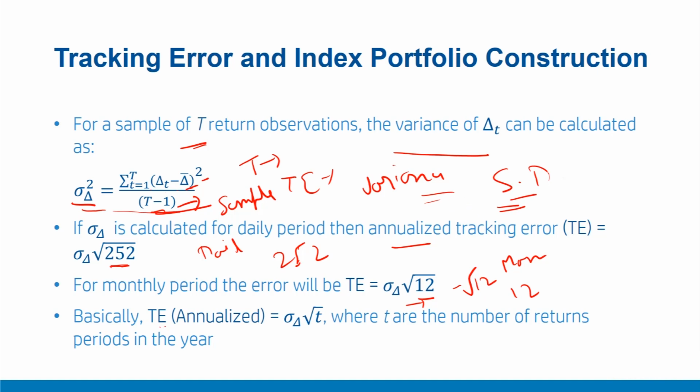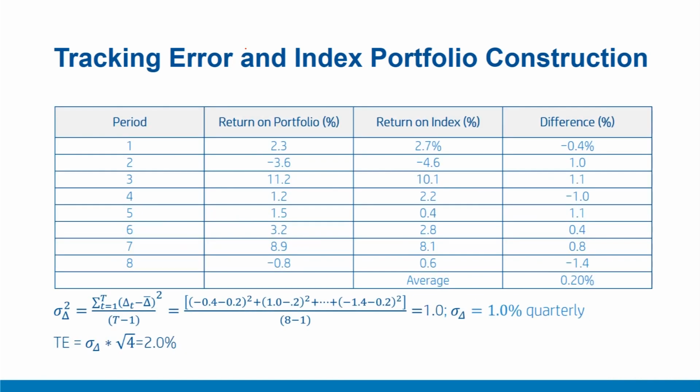So to generalize, theoretically, the annualized tracking error is sigma, the standard deviation, multiplied by square root of T, where T is the number of return periods in the year. Like we said, if we are talking about monthly returns, then square root of 12. If you are talking about daily returns and there are 252 trading days in the year, then square root of 252. Let's understand this through a simple numerical example.